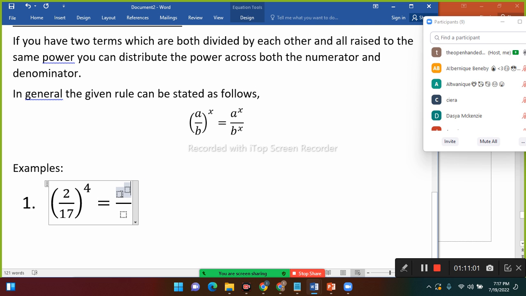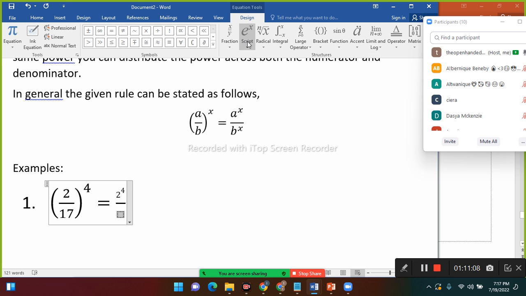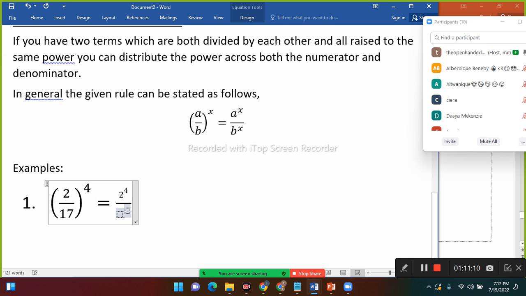So essentially we got rid of the brackets, right? If you look carefully, that's what we did. So it's going to be 17 to the power of 4.